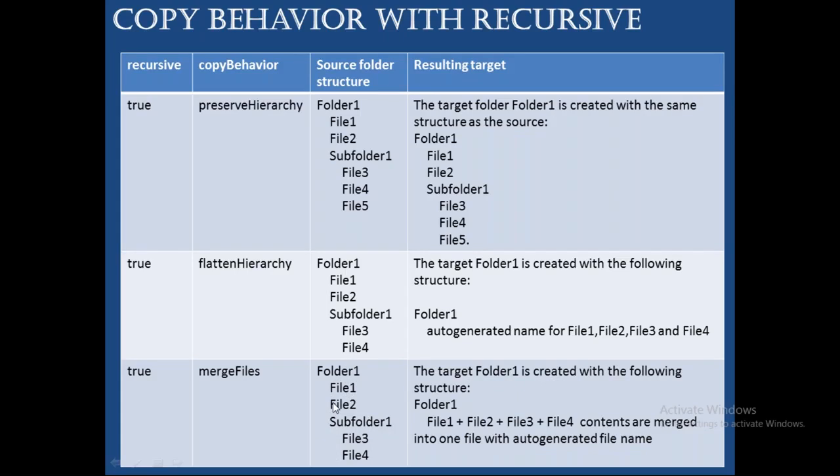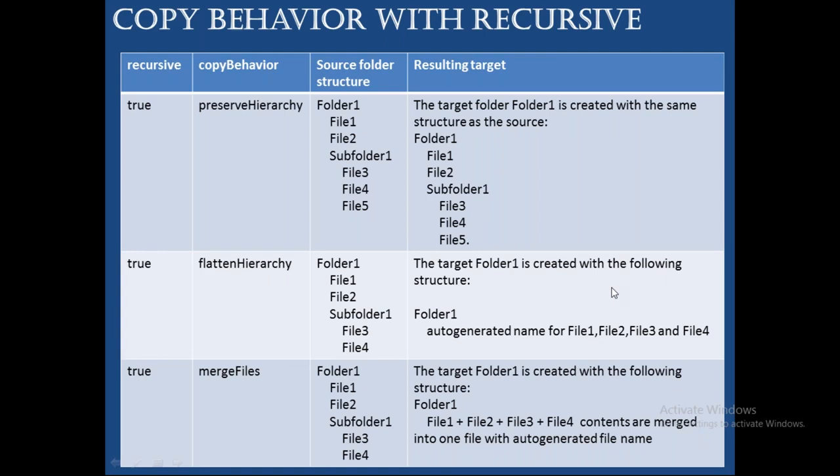It will add all the content of these 4 files and give you a single file. You see, the target folder 1 is created with the following structure: in folder 1, file 1 plus file 2 plus file 3 plus file 4. Contents are merged into one file with an auto-generated file name. With the auto-generated file name, it will create a new file, and into that file it will merge all the contents of these 4 files.